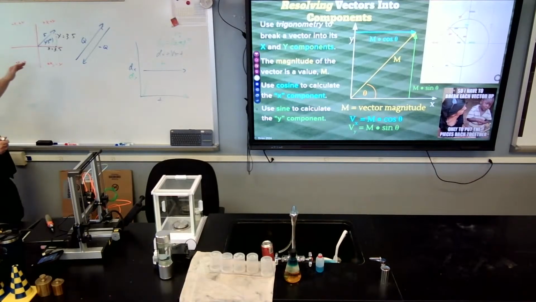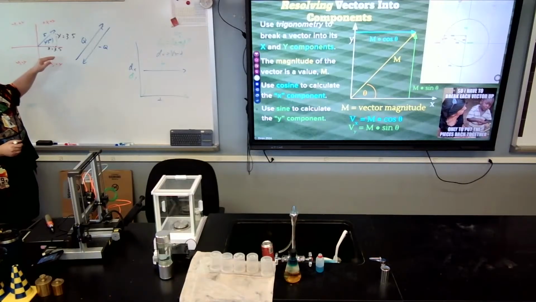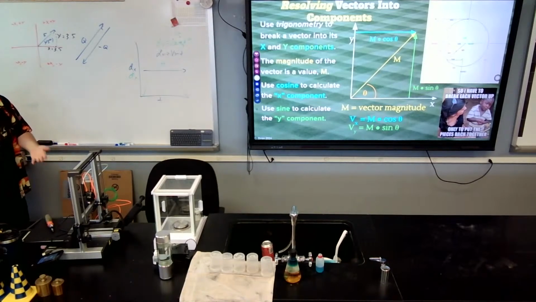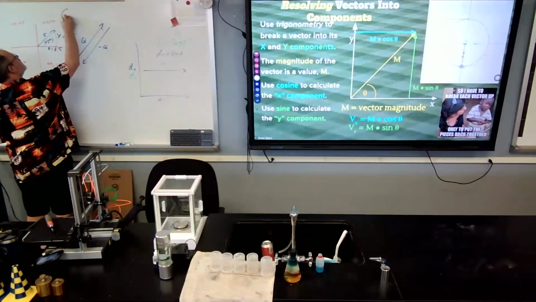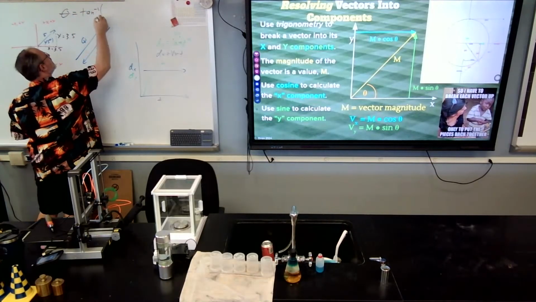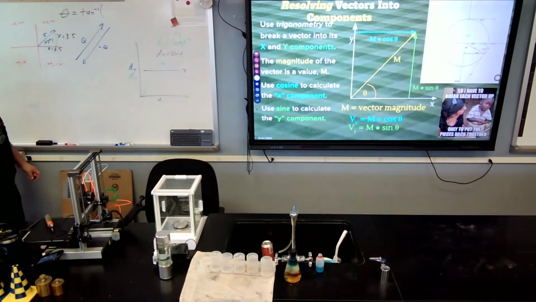Now, if I had an angle, I can use that angle to get sine, cosine, and even tangent, right? If I needed an angle, I would use the reverse. So if you know, the angle is the inverse tangent of y over x, opposite over adjacent.